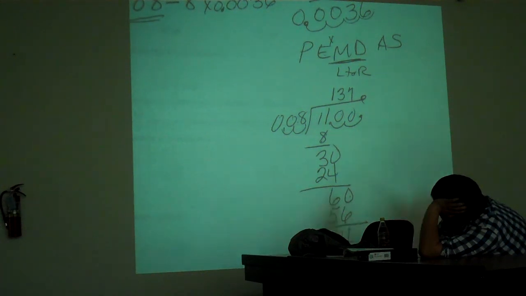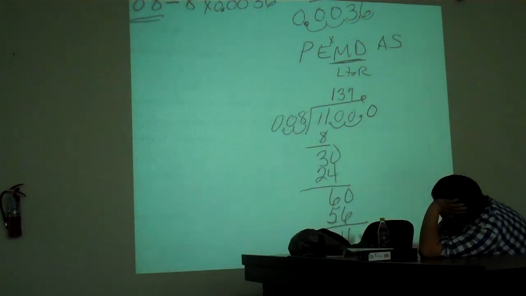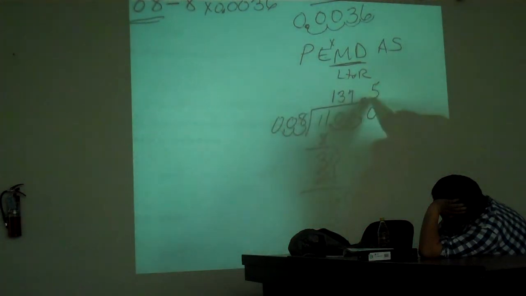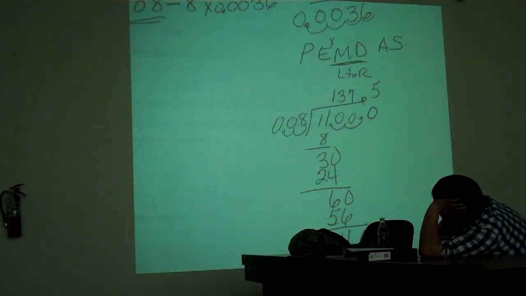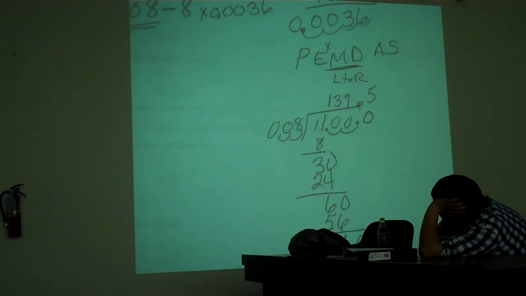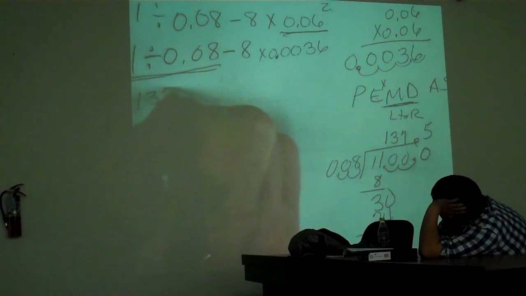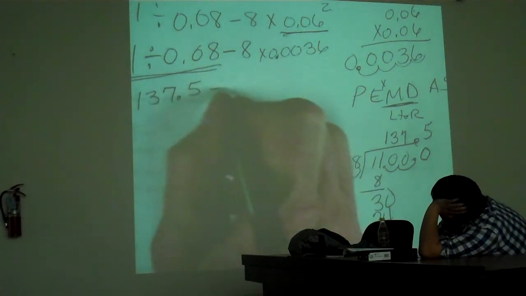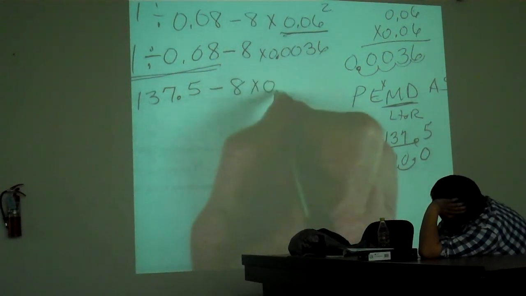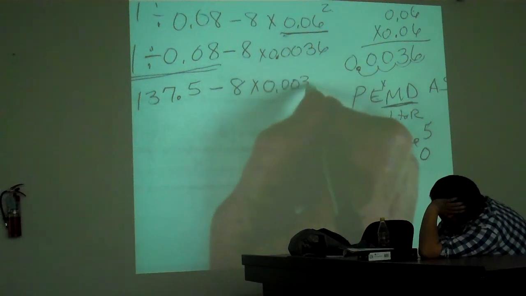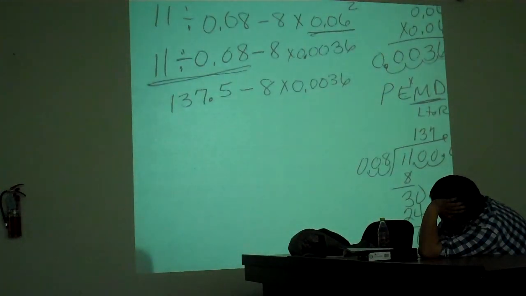Subtract, you have 4. Add a 0, bring it down. 8 into 40, 5. So it comes out, so you do have a decimal there. 137.5 minus 8 times 0.0036.